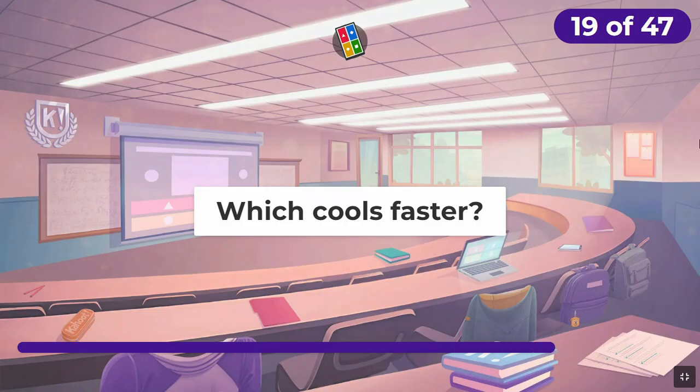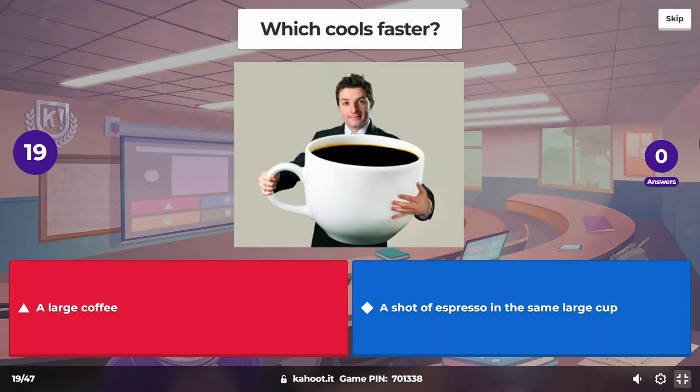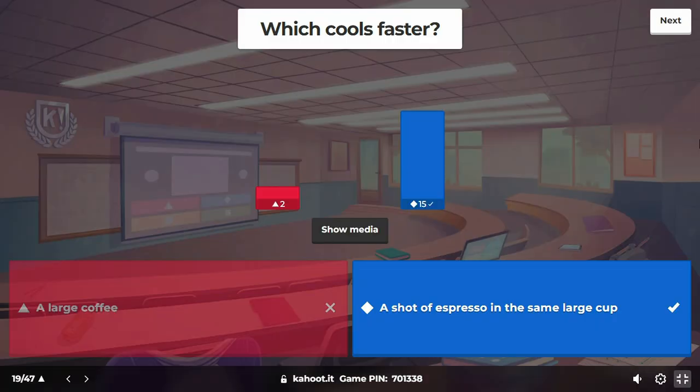So conceptually, which of these objects will cool faster? Yeah, so the smaller amount of heat basically that you start with will mean that you cool off much faster.